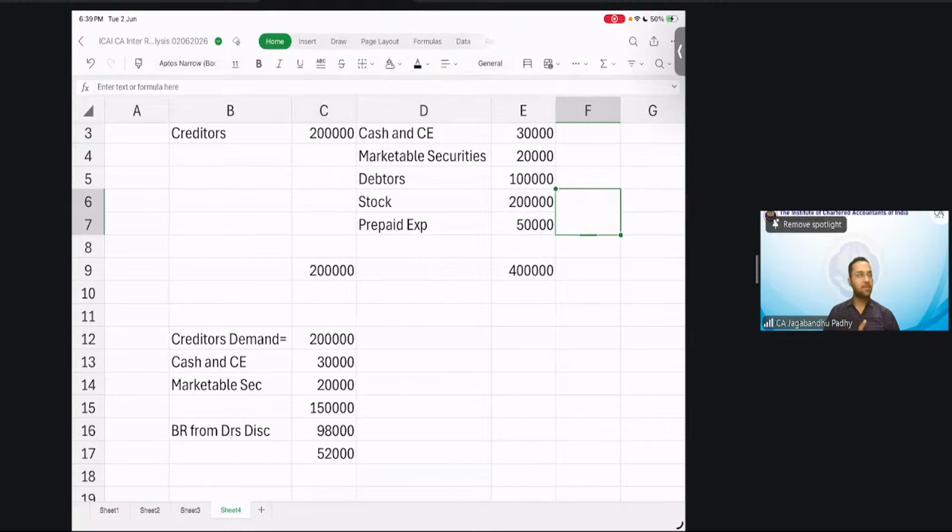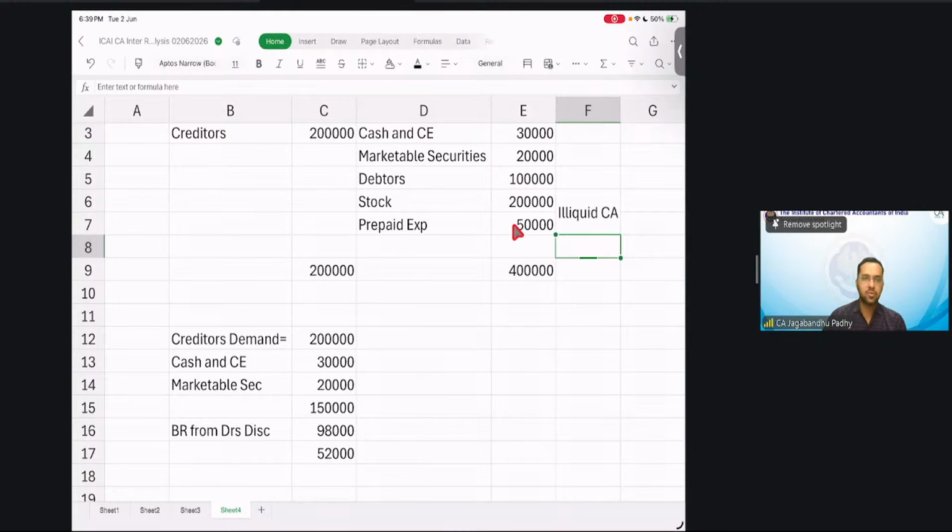How to say, prepaid expenses. So both these items are sort of current assets, but they are actually illiquid current assets. Why do we call it as illiquid current assets? Because you can't get them converted to cash easily.